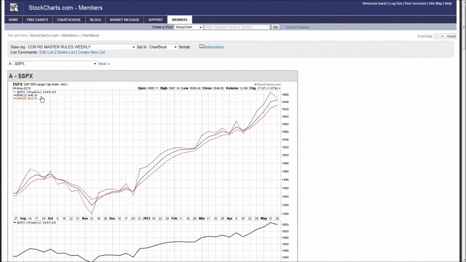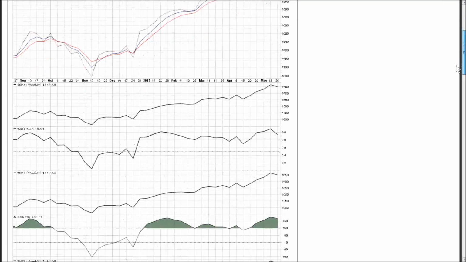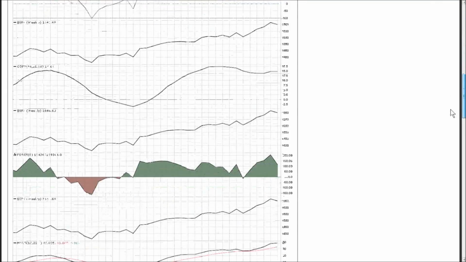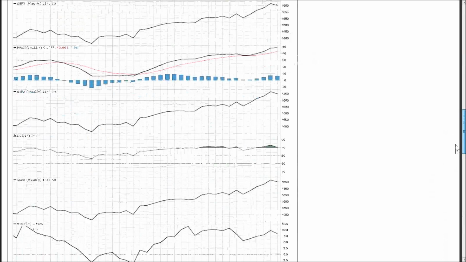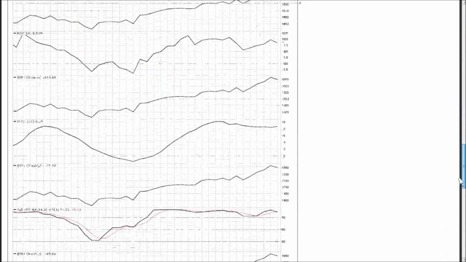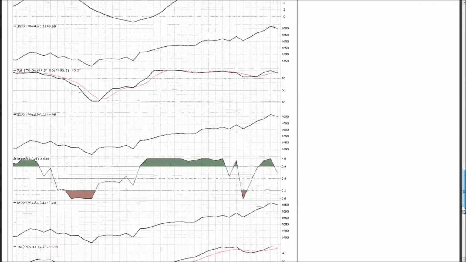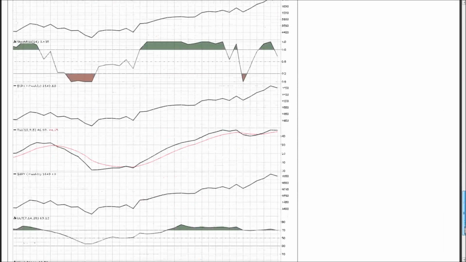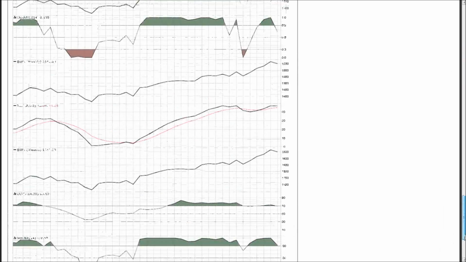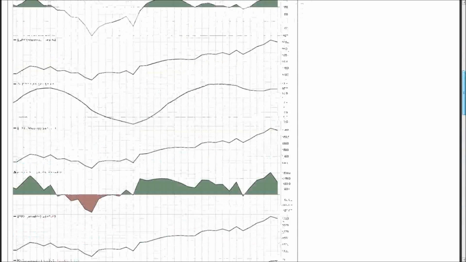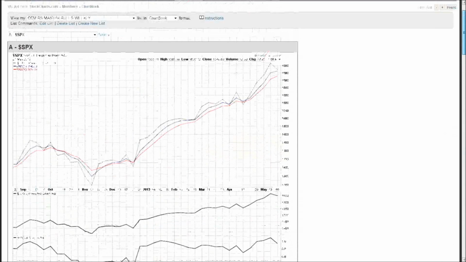This is the weekly chart for the S&P 500 that's used in the CCM correlation model. See all the indicators as I scroll down that we use in the model. As you might imagine, if you're trying to make decisions on how to allocate your assets and the market's moving, this can be overwhelming. How do I make a decision based on all that?